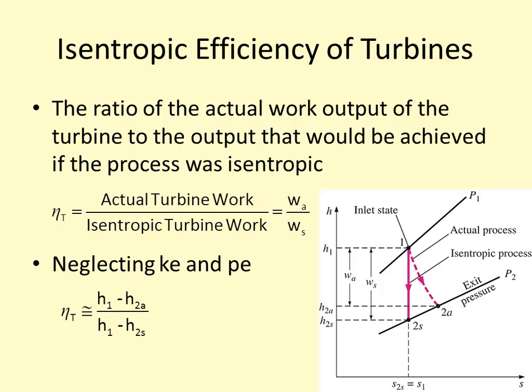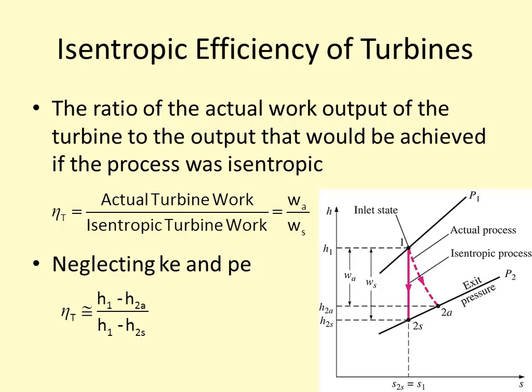So again, looking at the h-s diagram, if we have a line that goes straight down, then we know we have the best case scenario for minimizing our irreversibilities and maximizing our work. Okay, so we look at the h-s diagram in order to kind of identify how our process is doing compared to the isentropic case. So if we look, these are lines of constant pressure on the h-s diagram.